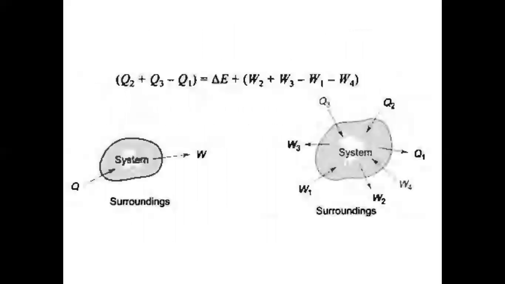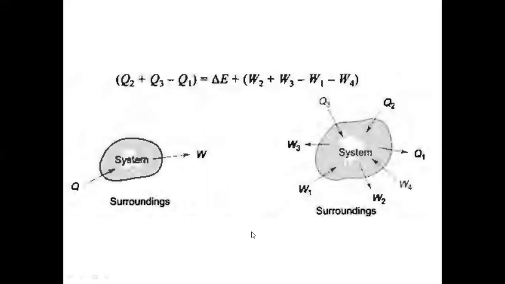If there are many processes, for example, you can take the right one, where there are three heat transfers, that is Q1 going out and Q2, Q3 coming in, and four work interactions with the surroundings, that is W1, W4 going into the system and W2, W3 coming out of the system to the surroundings.